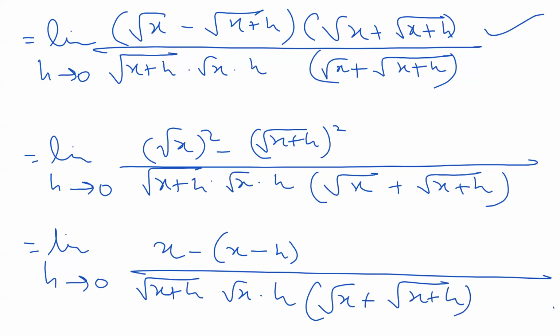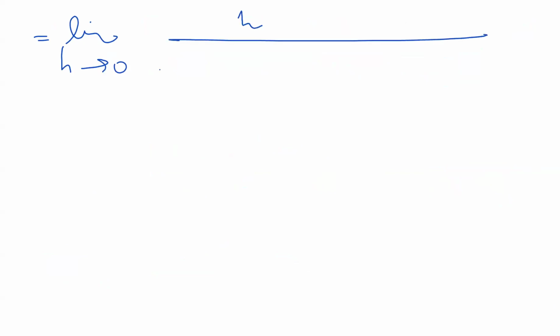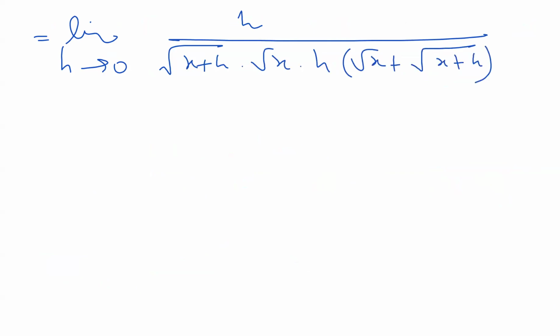Okay. Now cancel this x, and then we are left with plus h in the numerator. So this is equal to limit h approaching 0, plus h in the numerator, root x plus h, root x, h, and then root x plus root x plus h. Now h is also getting cancelled. Okay.